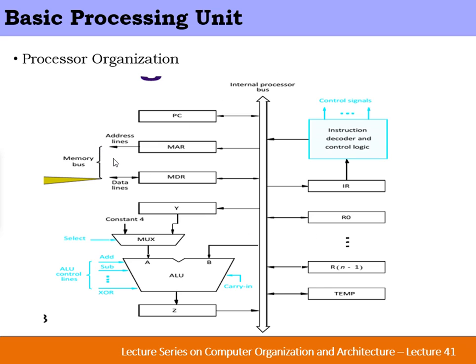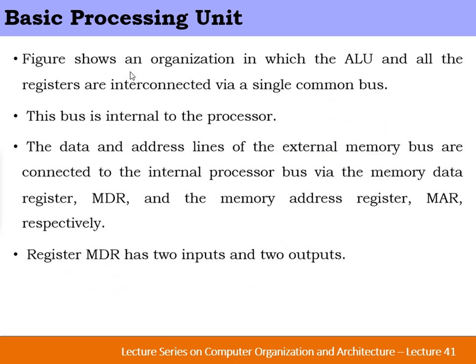Here the address lines and data lines are the external bus, whereas all the registers are connected by what we call the internal bus. The figure shows an organization in which the ALU and all the registers are interconnected via a common single bus. This bus is internal to the processor, whereas the address and data lines of the external memory bus are connected to the internal processor bus via the memory data register and memory address register.